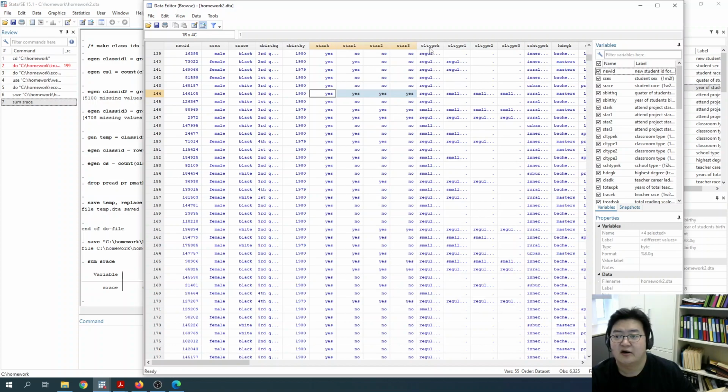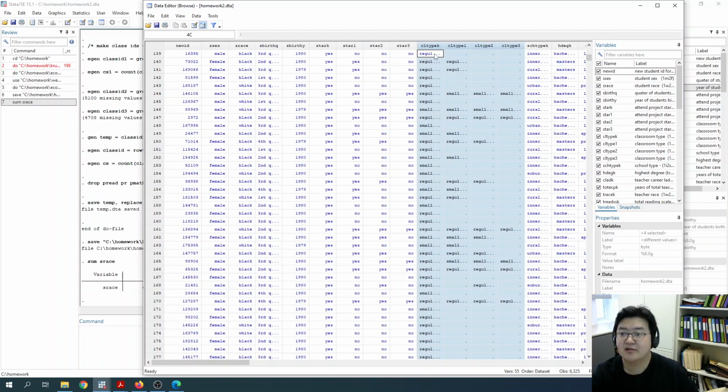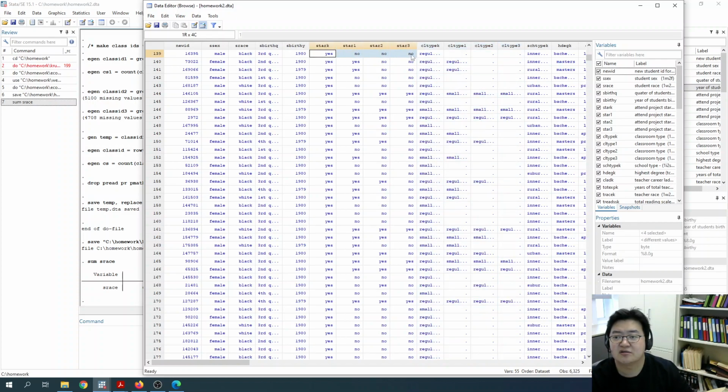And then these 4 variables are class type. As you know, there are 3 different class types: regular, aid, and small. It's randomized at the kindergarten level, and then it's assigned throughout the 4 years as long as they remain in the program. For example, this student was assigned to a regular class and dropped out.